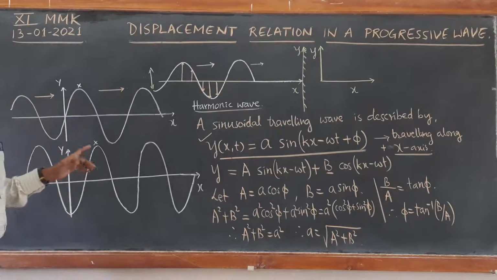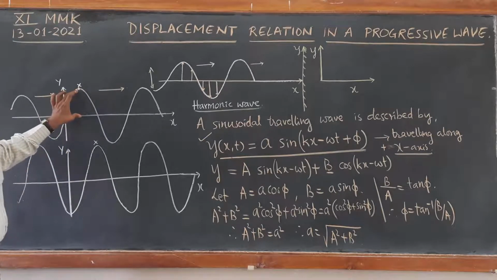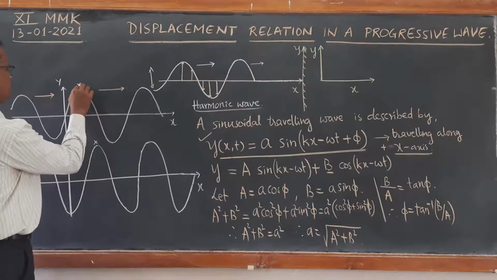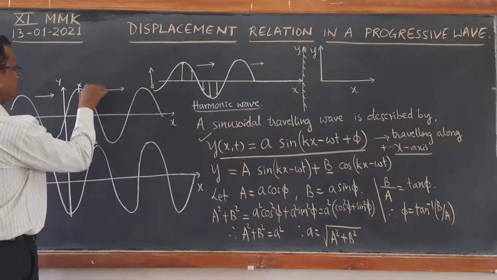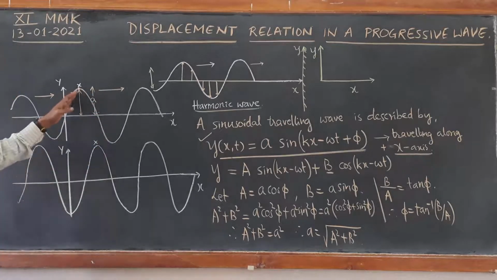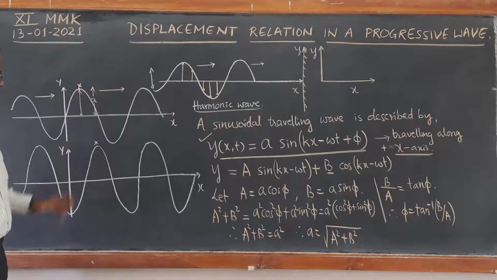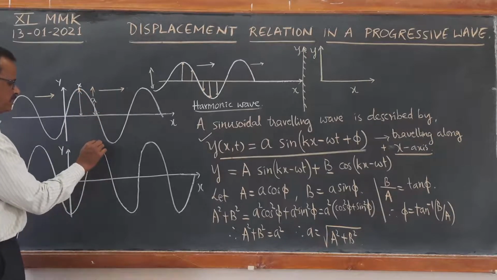At one instant of time, the particle having maximum displacement is said to have amplitude A. Now if you look at this particle at the next instant, it will be coming down here, but the crest appears to be moving forward. The next particle found here is moving up and will be found here.